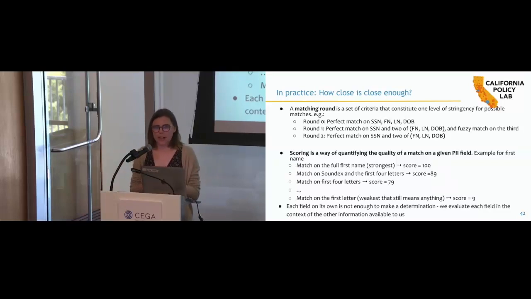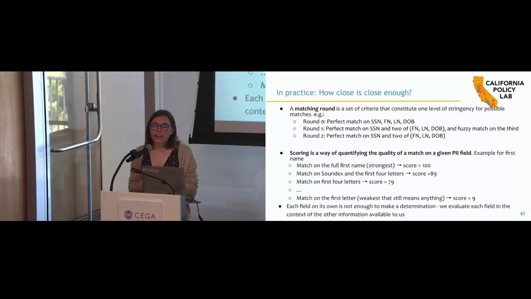A fuzzy match would be, maybe it's not a perfect match, but something like the first four letters or one of those subfields actually matches. You can think of any number of ways that we can come up with a matching round. Another thing we will look at is the scoring.